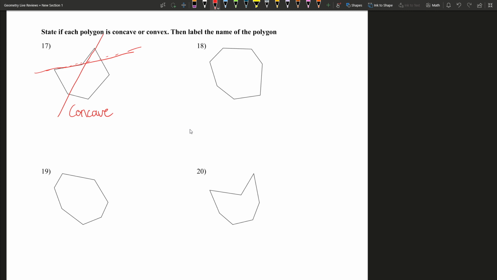Number 18, again, if you extend each of these segments, if none of them go on the interior, then it's convex.